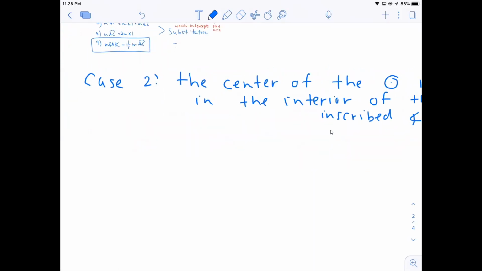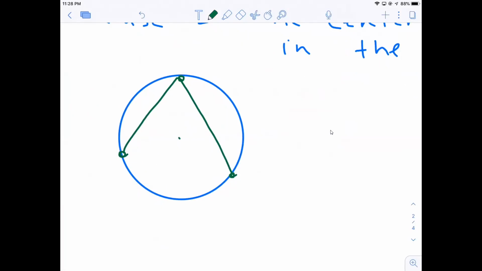So in the first case, the center was on the inscribed angle, because one of the chords was a diameter. In case 2, the center is going to be inside the inscribed angle, something like this.